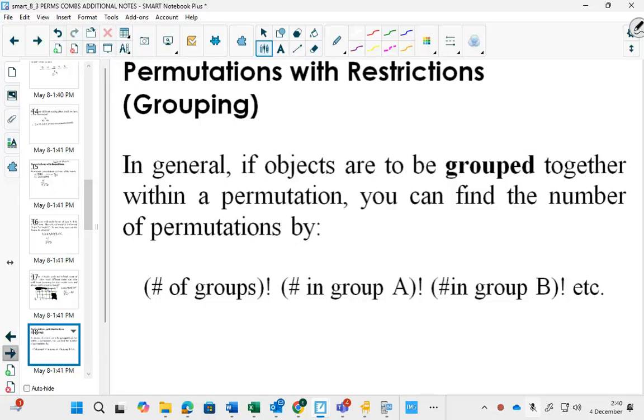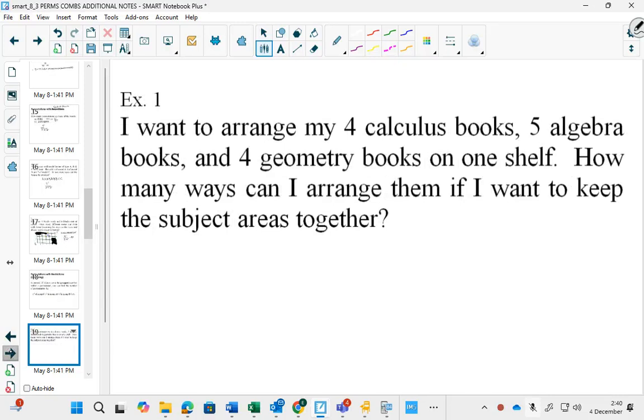So I looked at one of my collections of math books, of course. And let's say I had 4 different calculus books, 5 different algebra books, and 4 different geometry books. Okay?